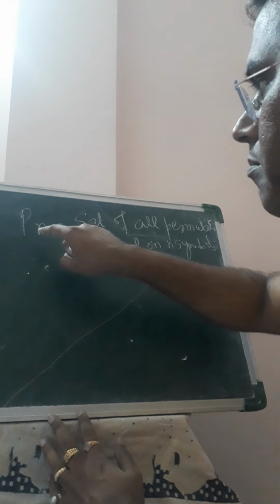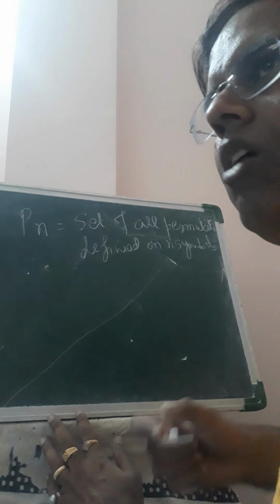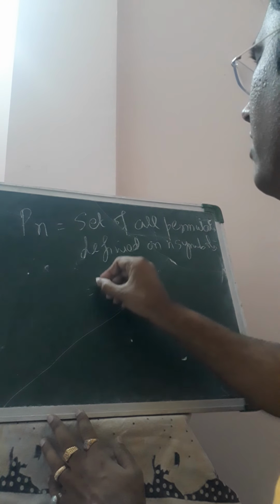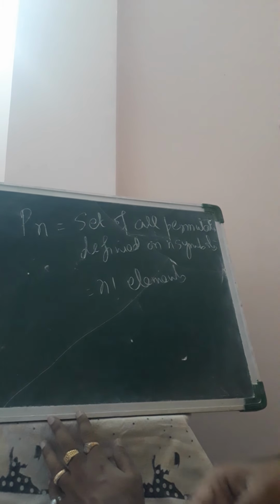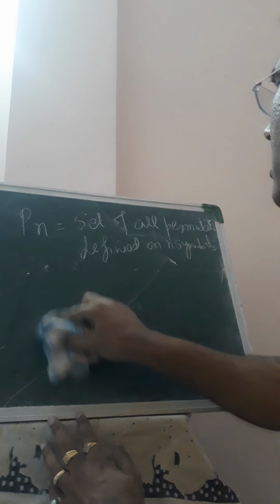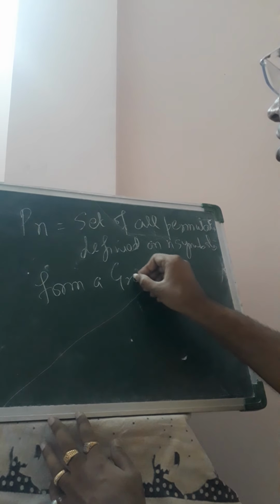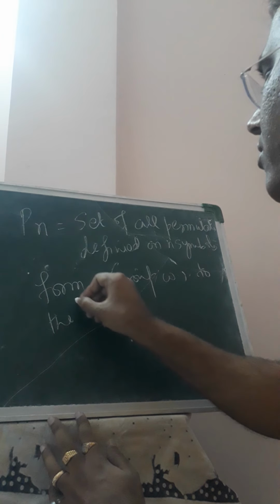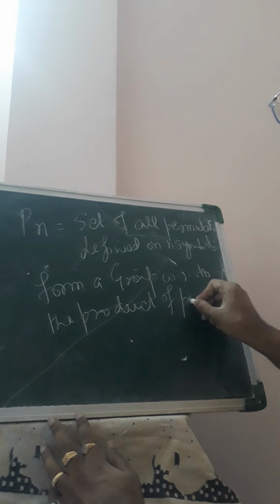So since Pn is the set of all permutations defined on n symbols and all the permutations are 1-1 and onto functions, this set Pn is having n factorial elements. So the set of all permutations defined on n symbols form a group with respect to the product of permutation.